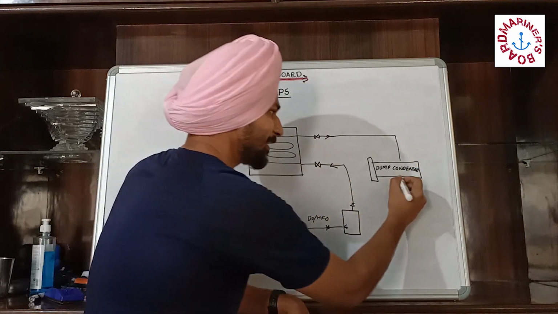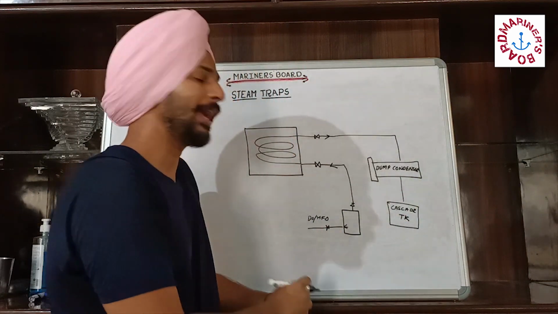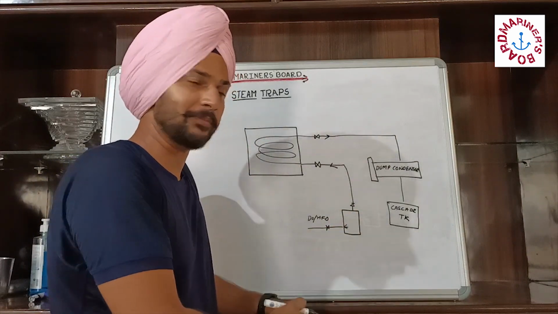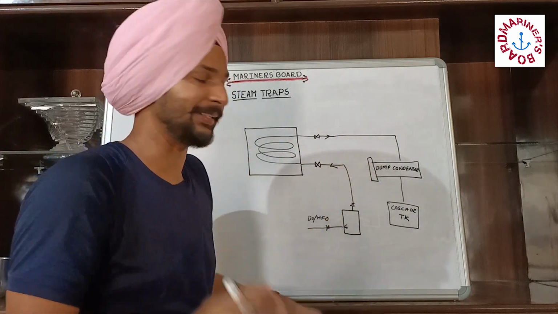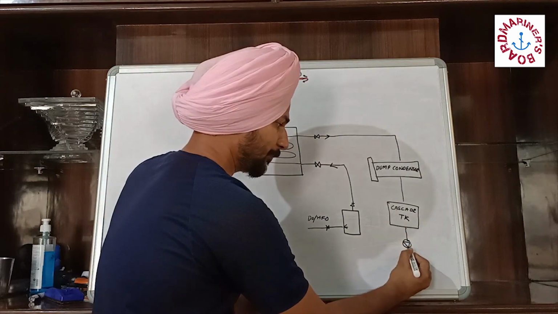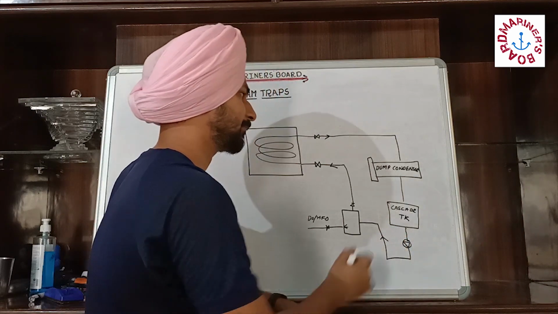From the dump condenser, the steam is going to the cascade tank. I'm drawing the basic outlet. This is not the actual line diagram, but the components are in line. And from the cascade tank, we have the feed pump which supplies water again to the boiler.